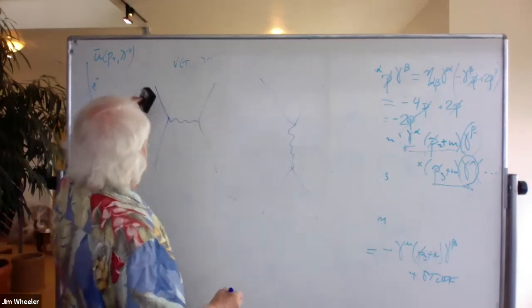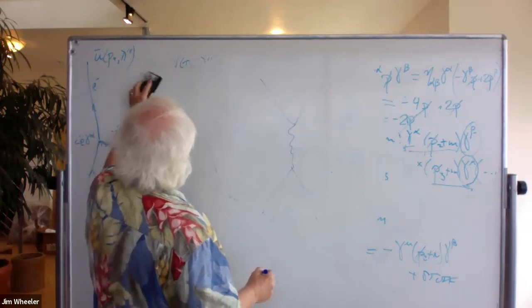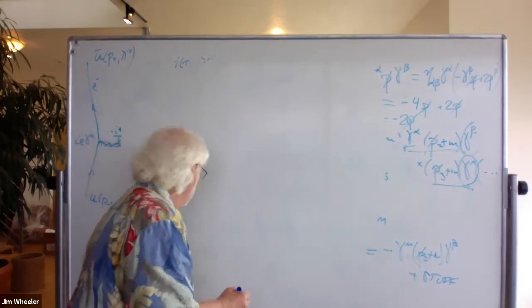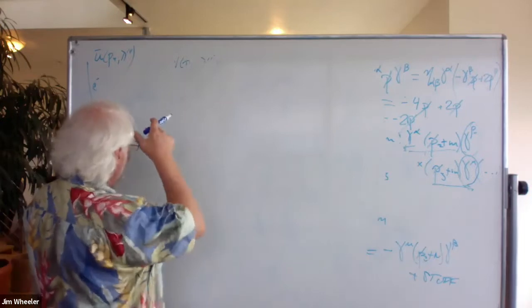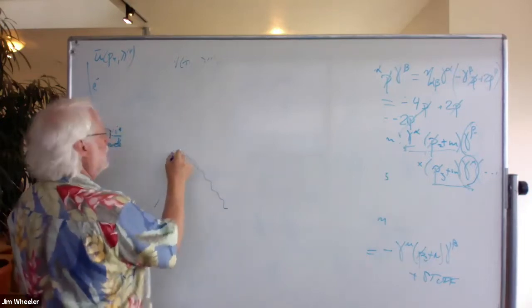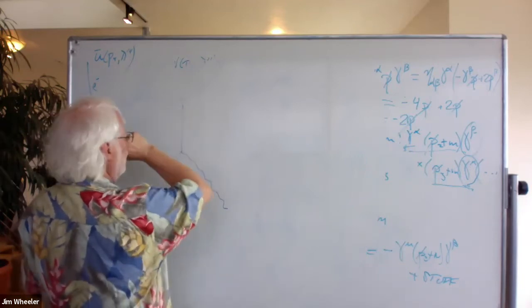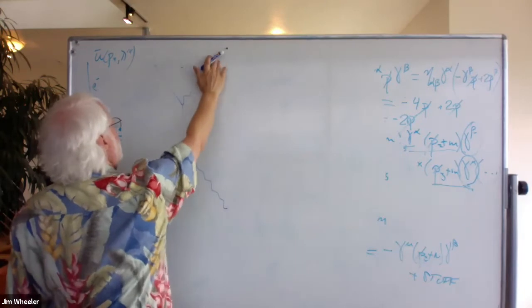So you have the particles coming like this. Wait, no, this is not Compton scattering. What do I want here? So if we have an electron and a photon coming in, then an electron, and we could draw it this way.